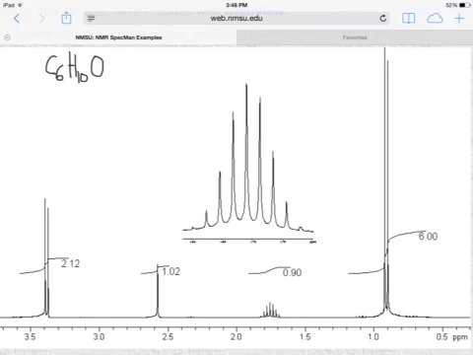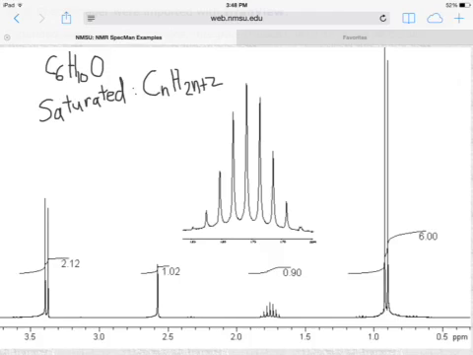So, a lot of times you'll get the formula of the molecule and you want to figure out what that molecule looks like. And when you look at the formula, the first thing you want to figure out is how many degrees of unsaturation there are. We know that in a saturated molecule, there will be 2 more than twice as many hydrogens as there are carbons.